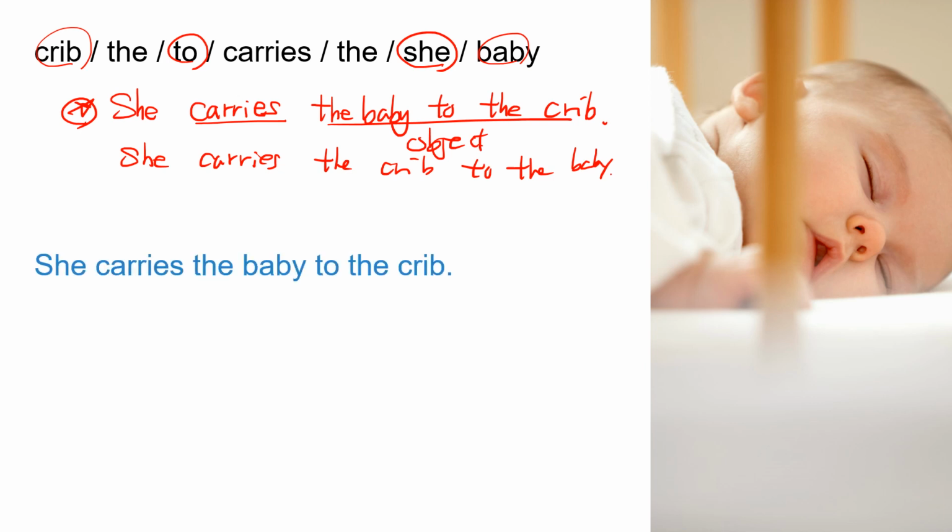The sentence says she carries the baby to the crib. Crib is a baby bed. That's the crib. She carries the baby to the crib.